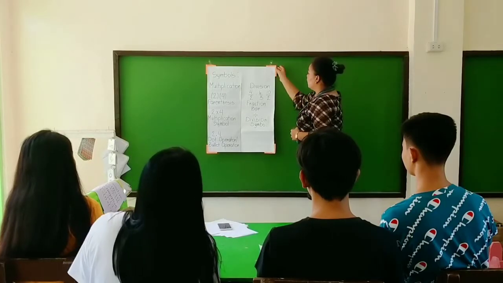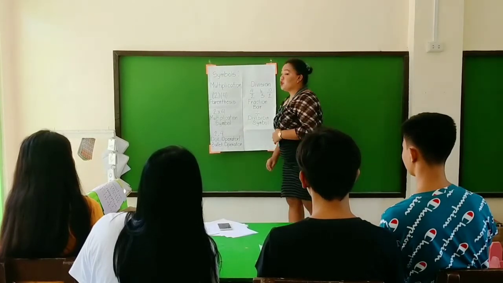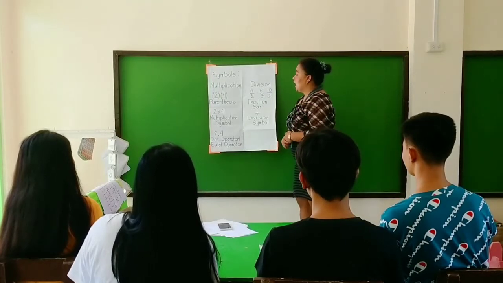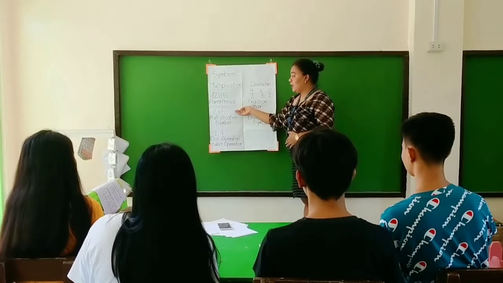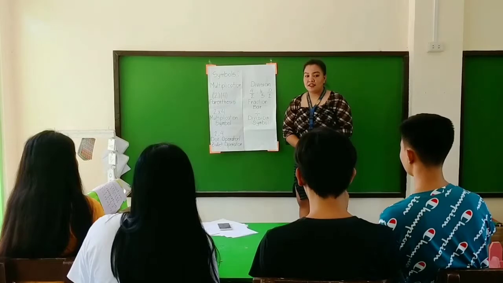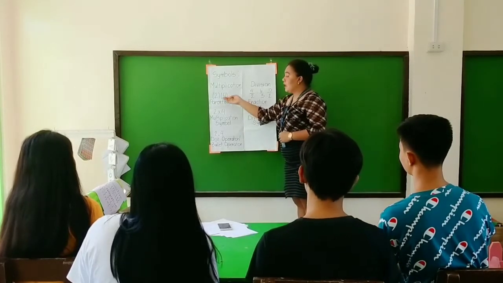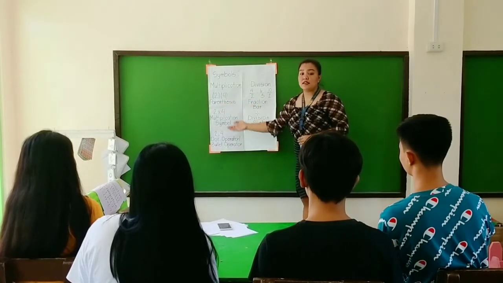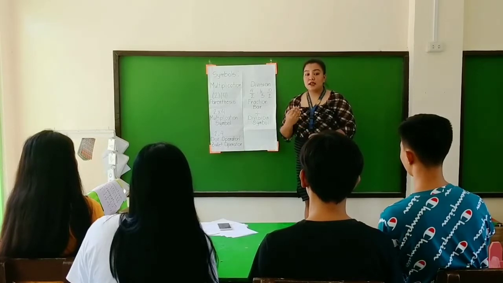So I have here the different symbols we usually use in multiplying and dividing. For the multiplication, there is this one. Do you notice this when you multiply? Yes, ma'am. Okay, so when you see a close and open parenthesis, it is equal to multiplication.